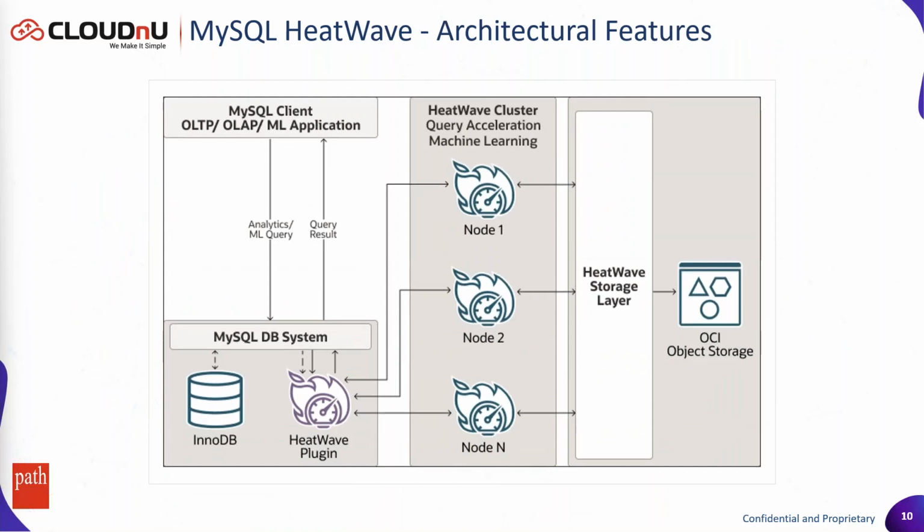Now, to understand why MySQL HeatWave can process OLTP, OLAP, and machine learning in one database, let's look at the architecture. A HeatWave cluster consists of a MySQL database system and HeatWave nodes. The MySQL database system includes a HeatWave plugin that is responsible for cluster management.